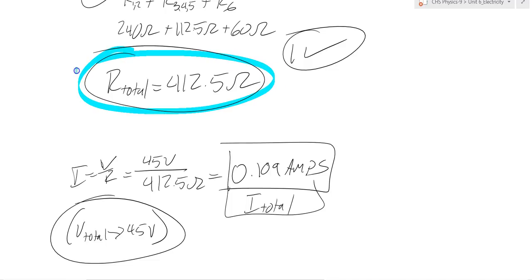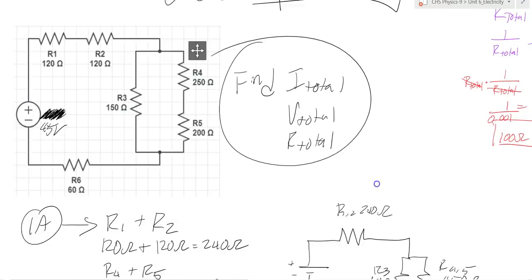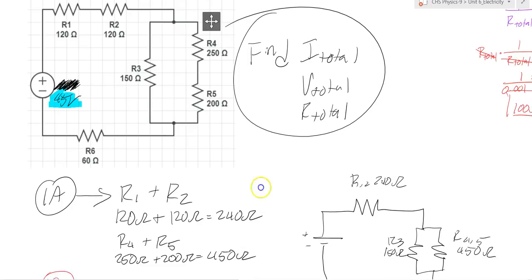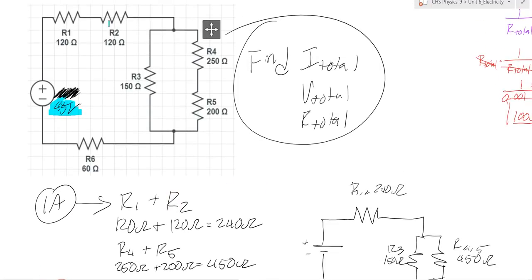I got my total resistance to be 412.5 ohms. I got my total current to be 0.109 amps, and then the total voltage was just 45 volts because of what the circuit looked like in the beginning. That was given to us right away. So here's what you need to do. First thing, you got to do step 1A, which is combine anything that's in series.